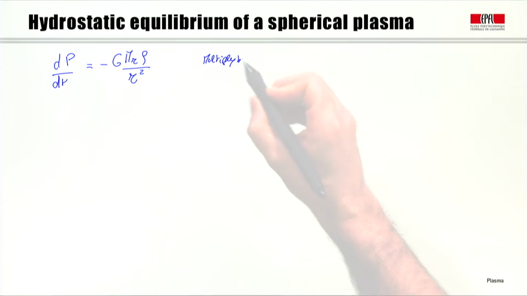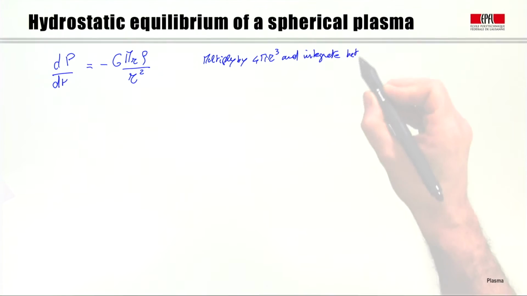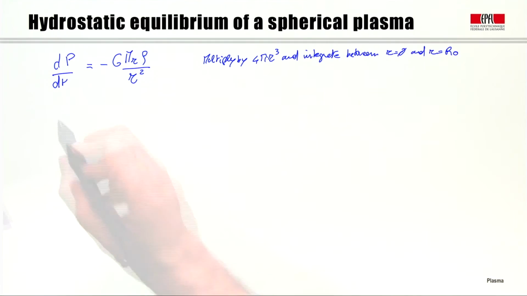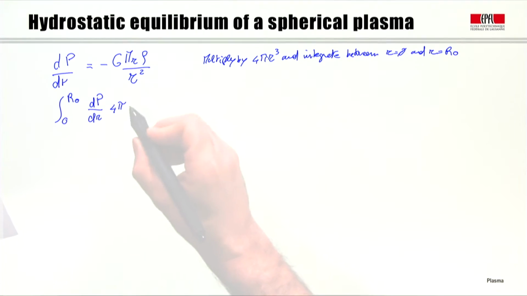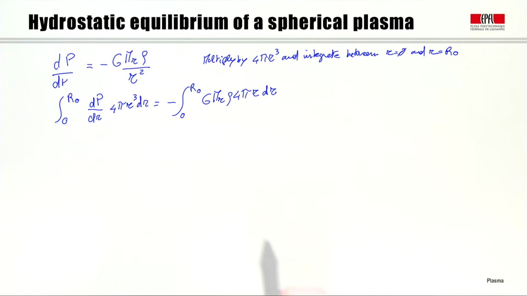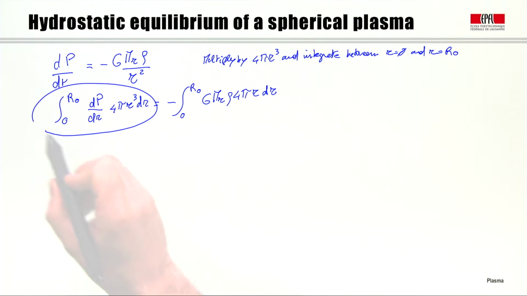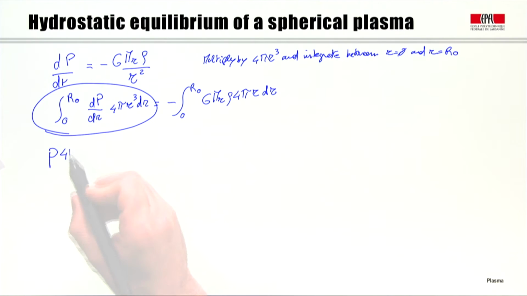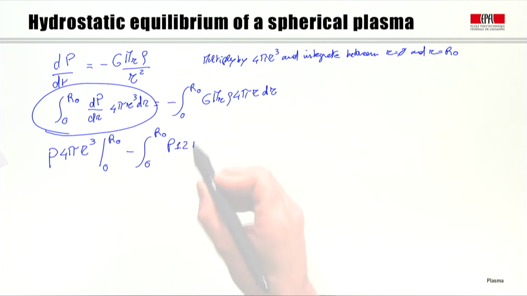Let us now multiply by 4πr³ and integrate by parts between the center of the Sun and r0, which is the radius of the Sun. Let's now consider only the left-hand side of this equation, and let's integrate by parts.